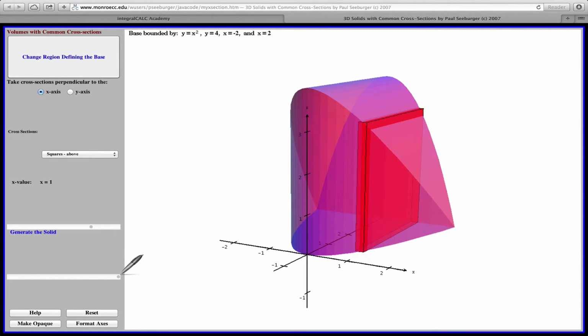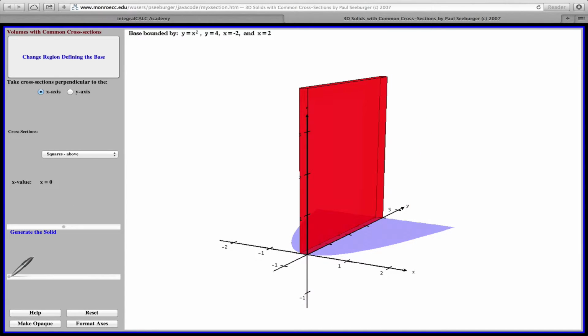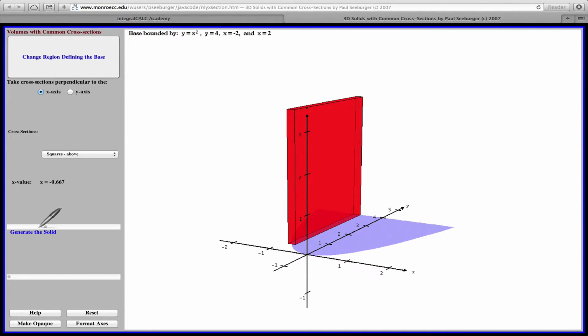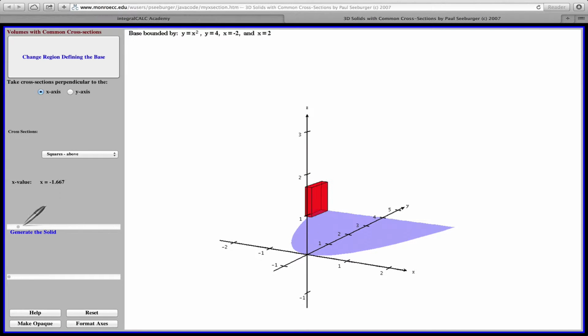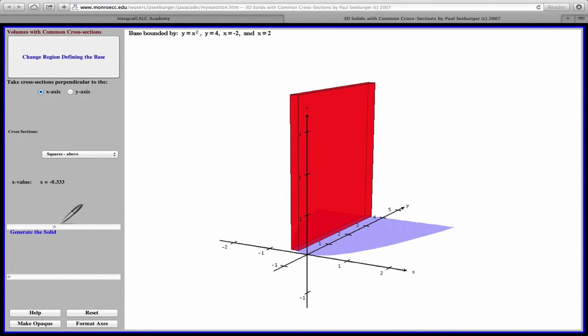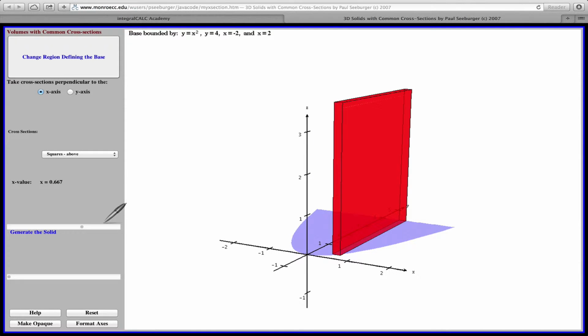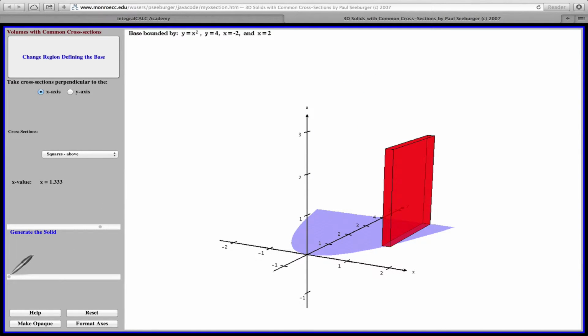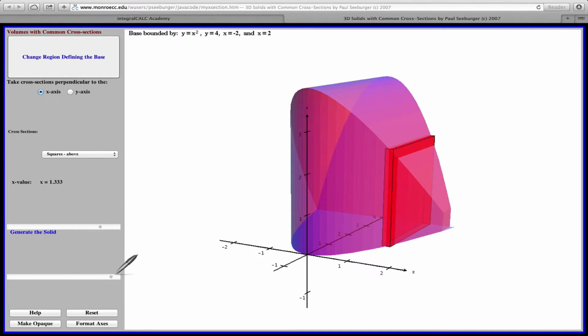And as we do that, we are going to get the volume, because this square is just one representative square, and it is simply moving along the base of the solid at different places. And so we're just going to add up, once again, an infinite number of those squares.